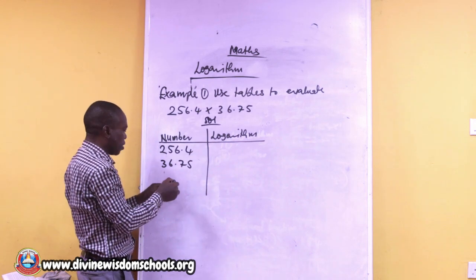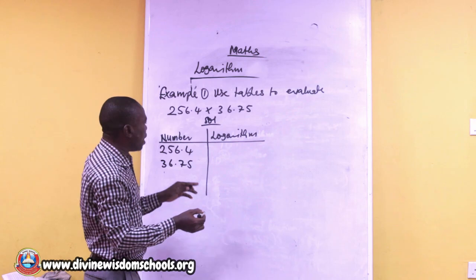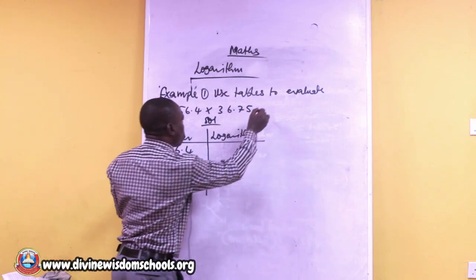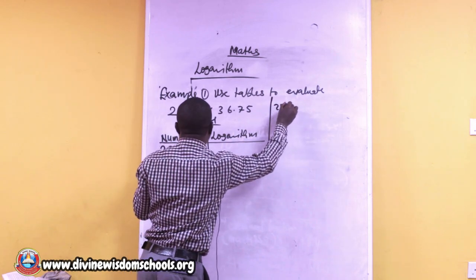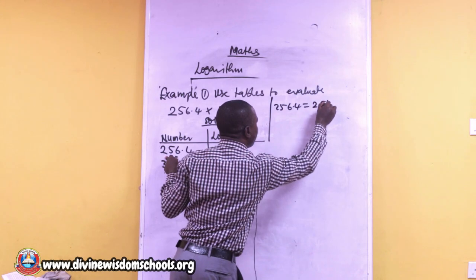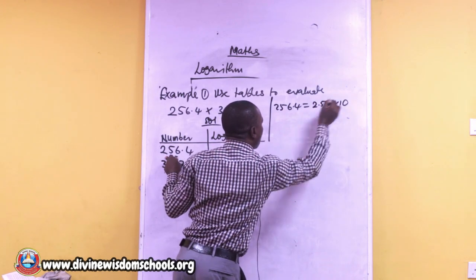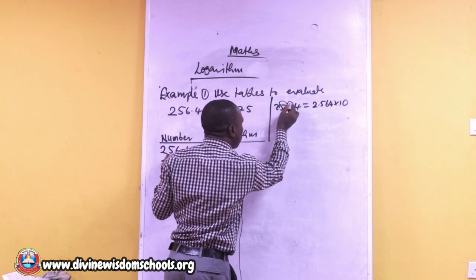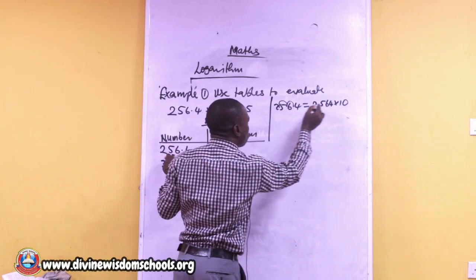And how do we achieve that? In your previous class, you were taught how to express a number in standard form. So I'm going to express this number in standard form. 256.4 in standard form becomes 2.564 times 10 raised to power. I'm moving this decimal point from here to this place, and the number of steps that I took before I got to that place is 2.